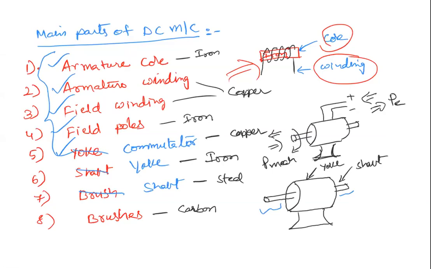Armature core, I will again draw the shapes of the parts. First one is armature core. ARM dot stands for armature, so every time I will not be writing armature in full.